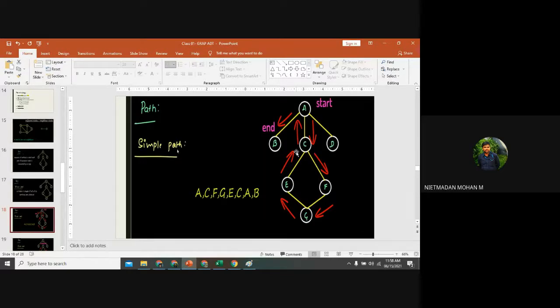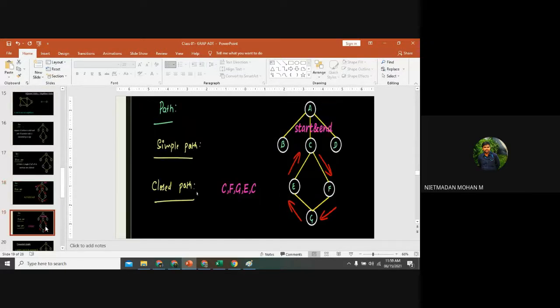From A, A to B is my simple path. We have a number of paths to reach B, but we take the simple path, A to B. First find which one is the simple path, and after that you implement that simple path in your program to find a node or find vertices, or delete or insert a vertex. So these are the processes that happen, right?